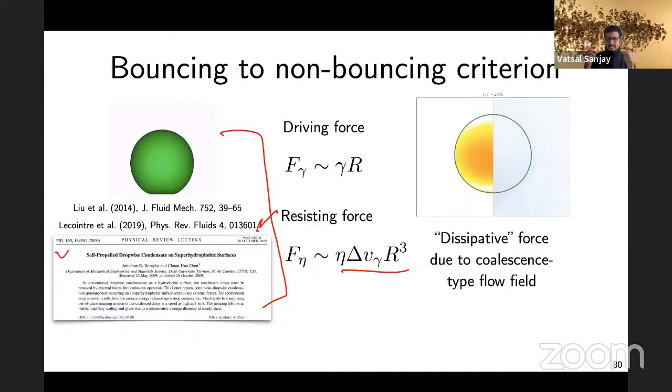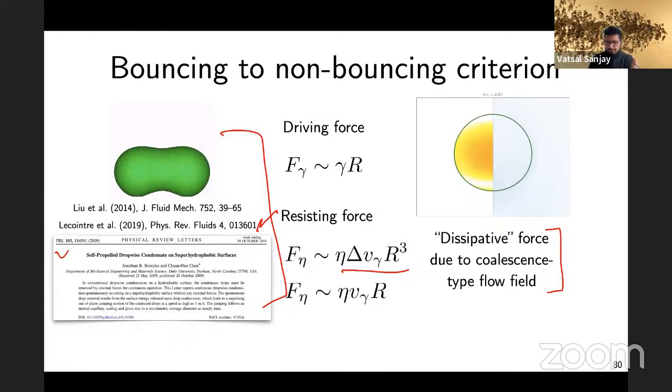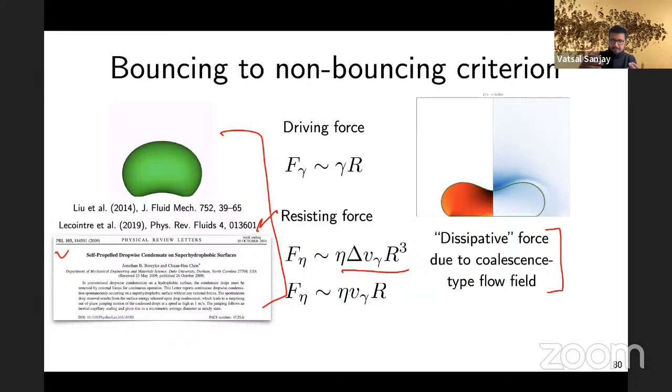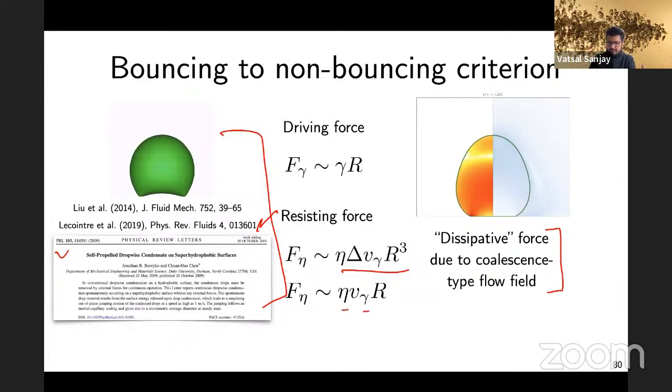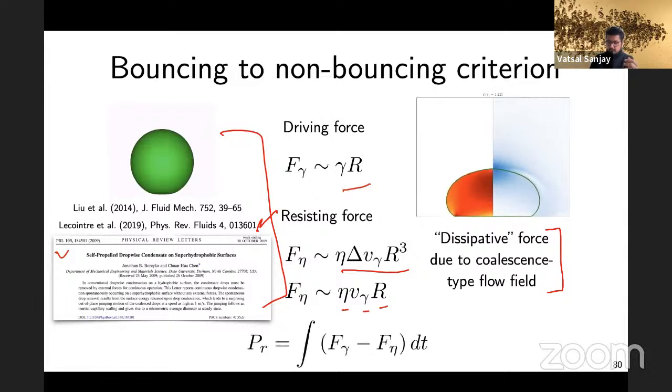In both these cases, we have a resisting force because of viscosity, and you can think of this force as a dissipative force because of the coalescence-type flow field, essentially. And then we can further simplify this by writing it as eta times the inertiocapillary velocity scale, because the driving force is capillarity, and times this radius, which is the length scale in this process.